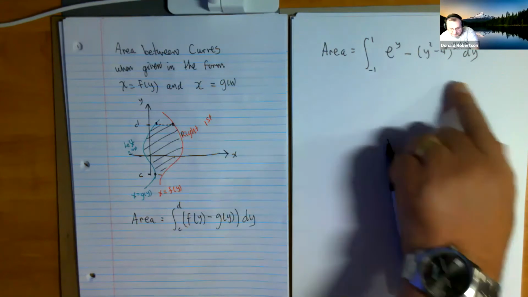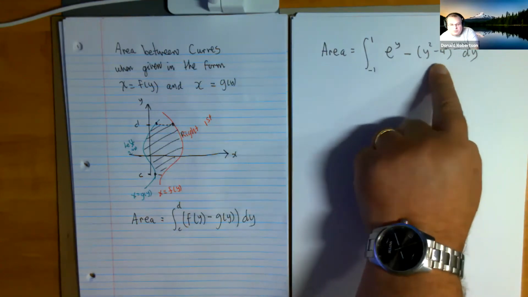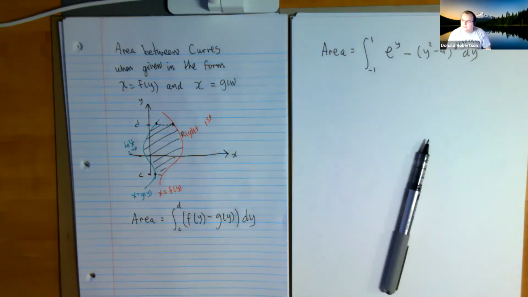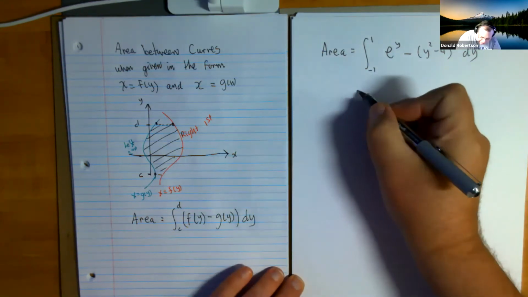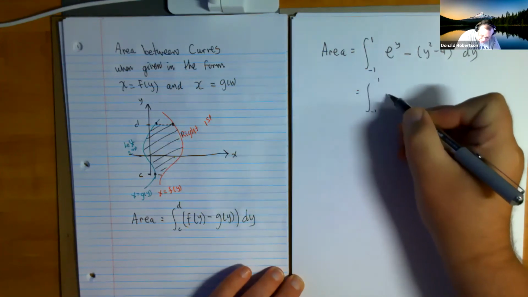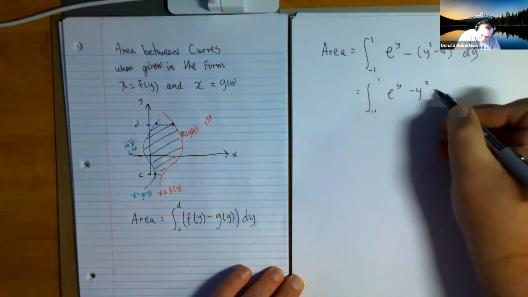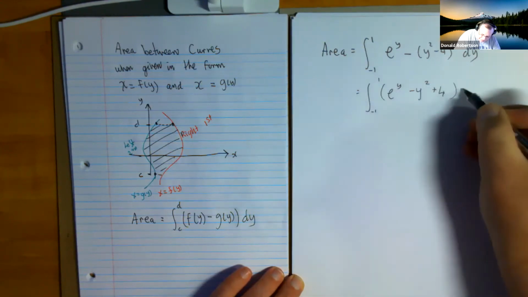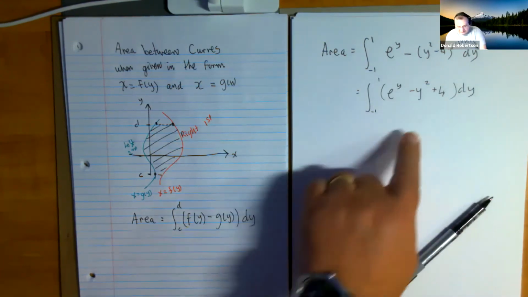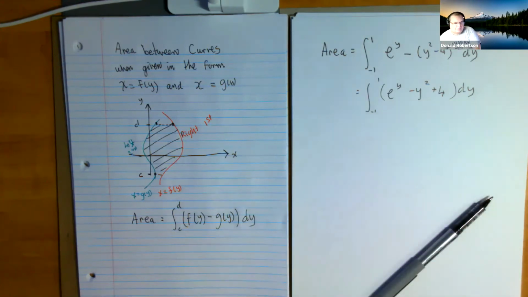So you're comfortable with e to the y, squared, all that good stuff. Are we good? Right, now those brackets are important because of what it eventually becomes.